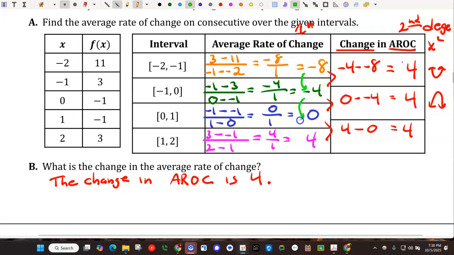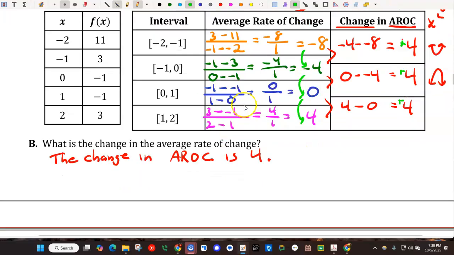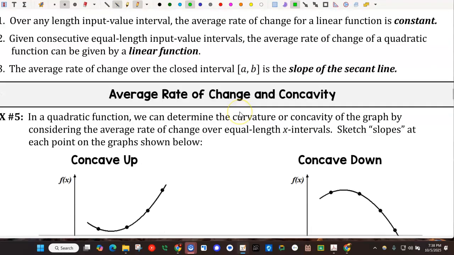From negative 4 to 0, it's increasing. It keeps increasing. These are all positive. That's going to tell us another piece of the puzzle without actually graphing. So the next thing is to look at this carefully and realize, are all these getting bigger, or are they getting smaller? If we go to the next page, we'll see what that actually means.